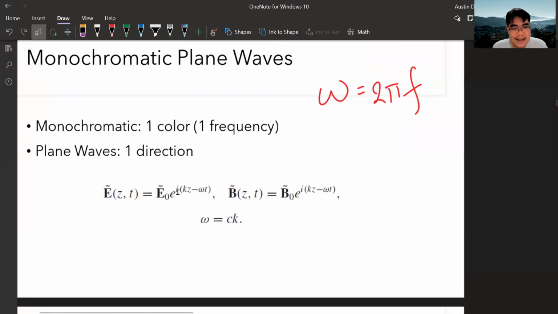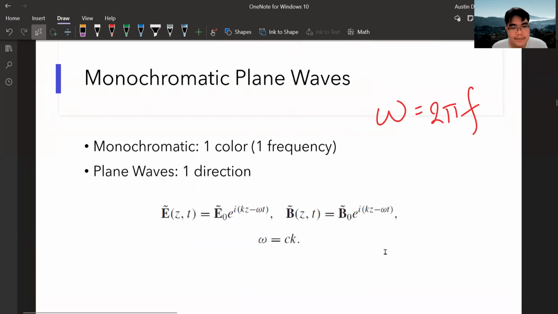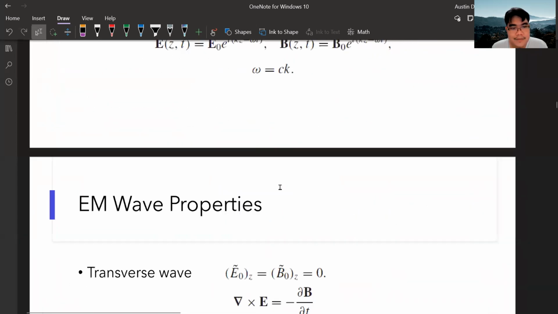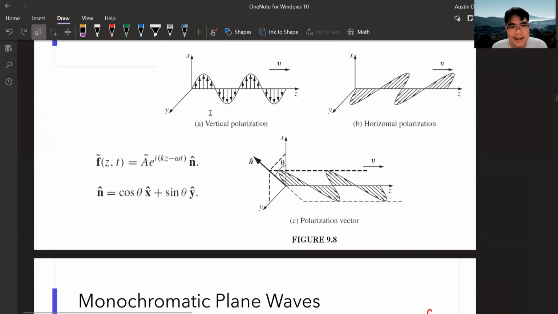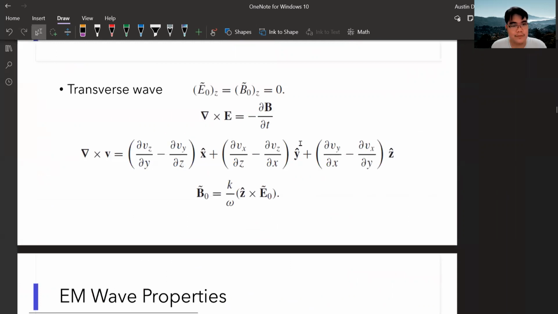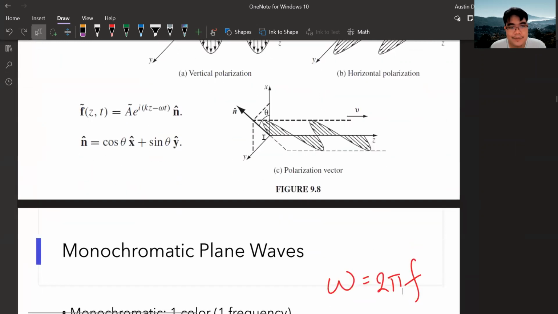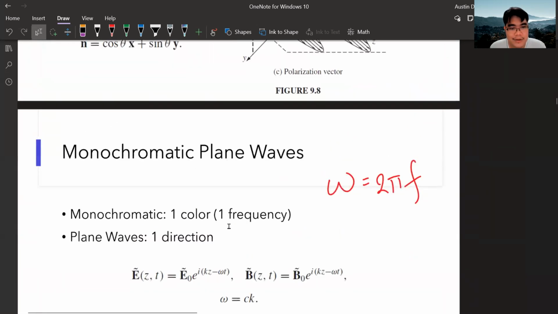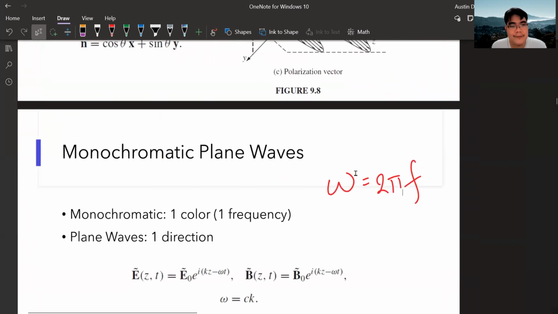They have no dependence on y and x because they depend only on their propagation, which is the z direction. So when we say one direction only, it is a plane wave. Anyway, my point is, your exponential part is just your propagation. So, the propagation is single. It does not propagate between z and x, or x and y, or y and z. Only one direction.